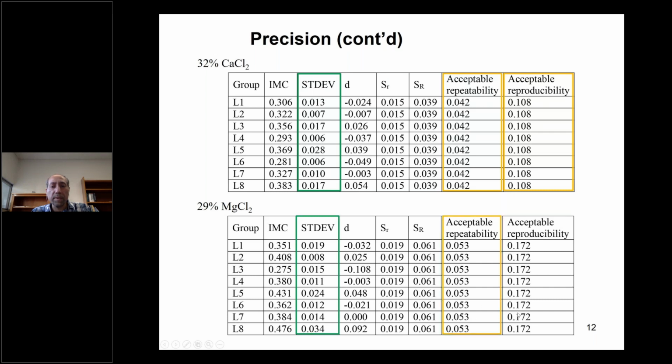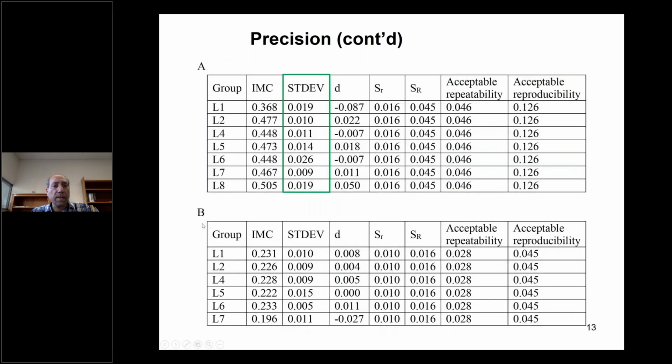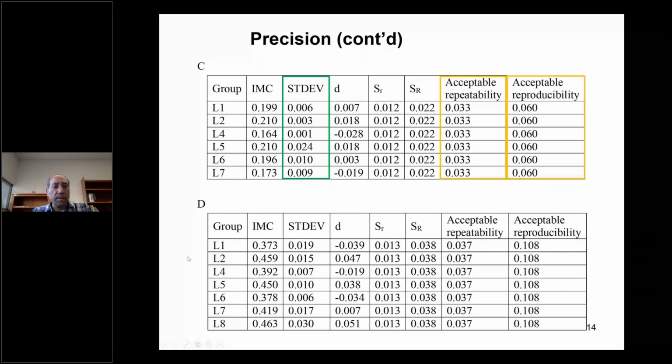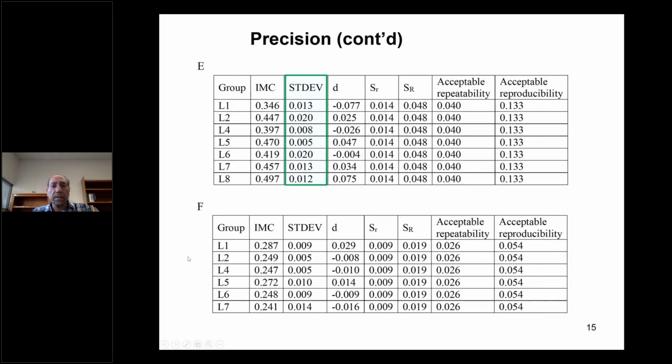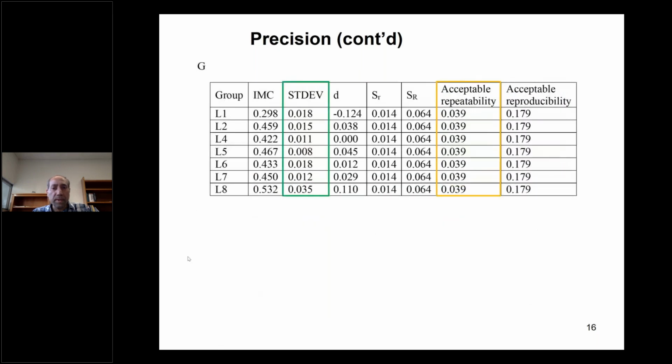The precision is acceptable. Then we have for de-icer A and de-icer B, de-icer C, de-icer D, de-icer E, de-icer F, and finally de-icer G. You can see the maximum number, for instance, in case of de-icer G, the maximum standard deviation in the last line is 0.035, which is less than acceptable repeatability, which is 0.039.